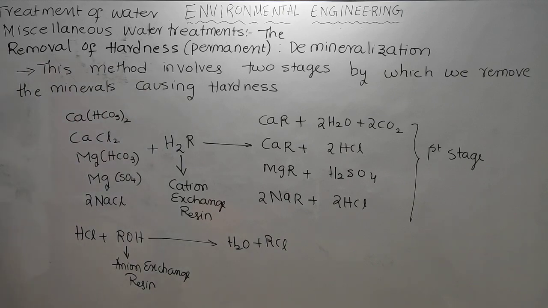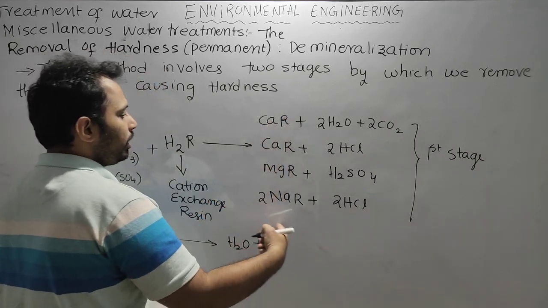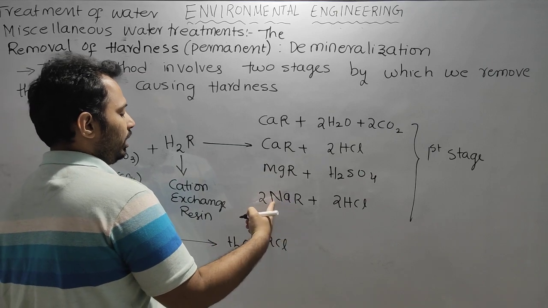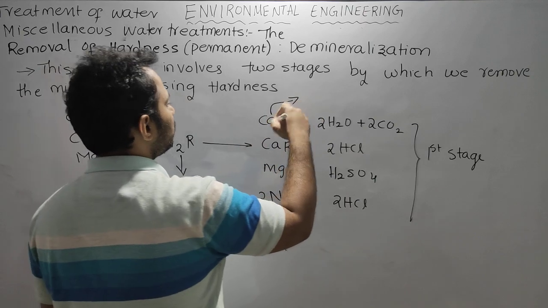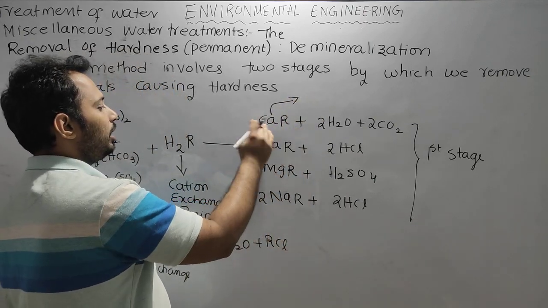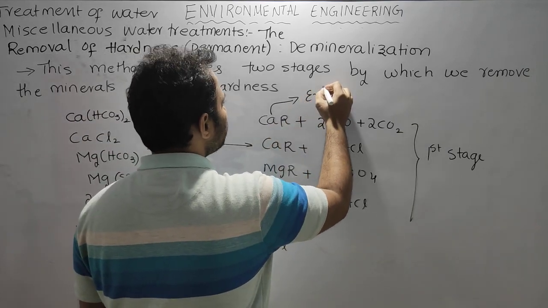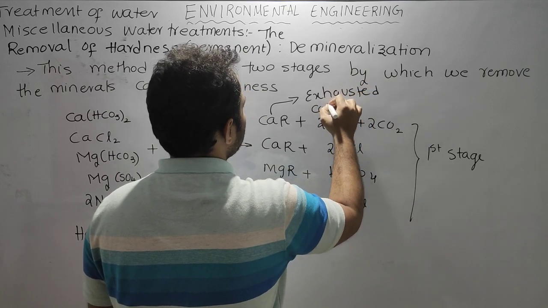So this is exhausted cation resin. If the resin is completely taken by calcium, magnesium and sodium, at some point this resin will be completely exhausted. Once the resin has reacted with calcium, magnesium and sodium, this is exhausted cation resin.